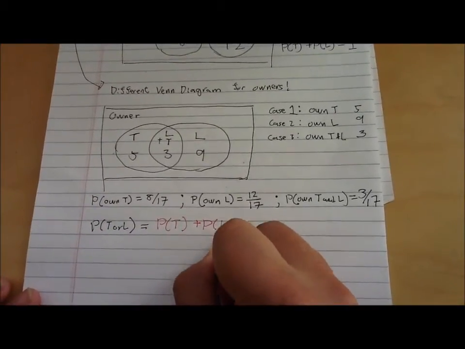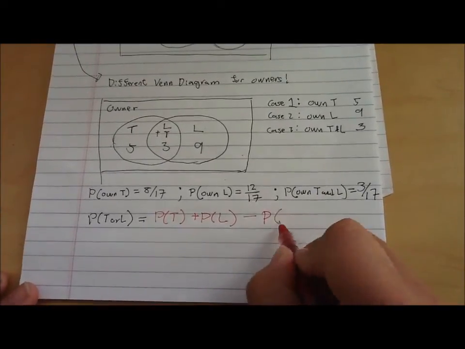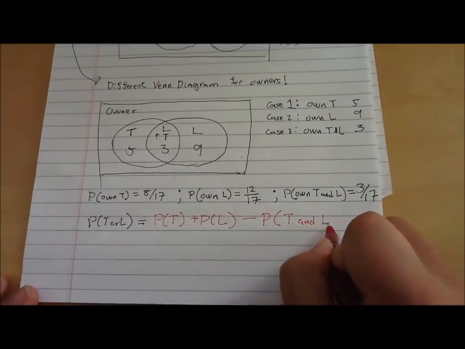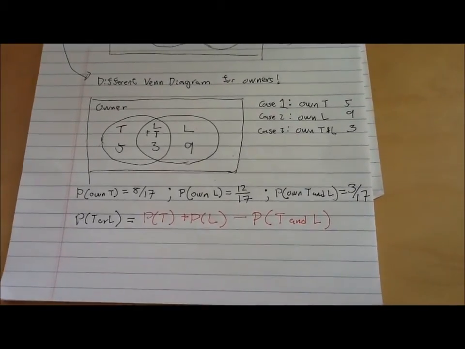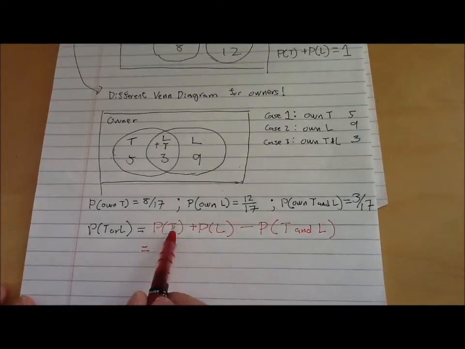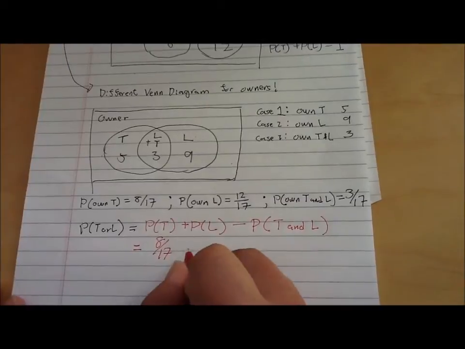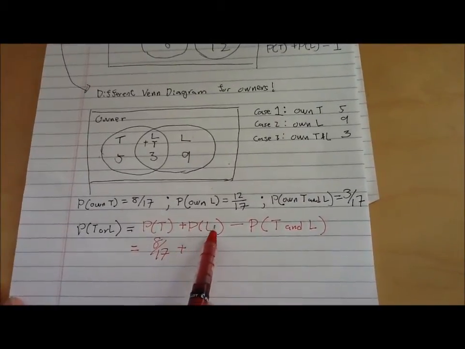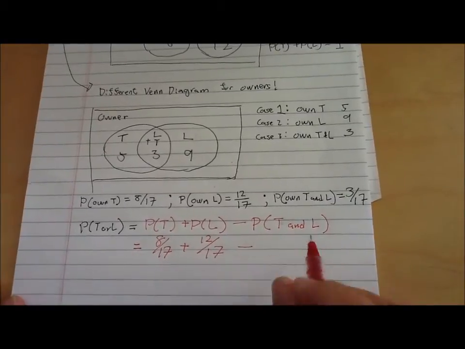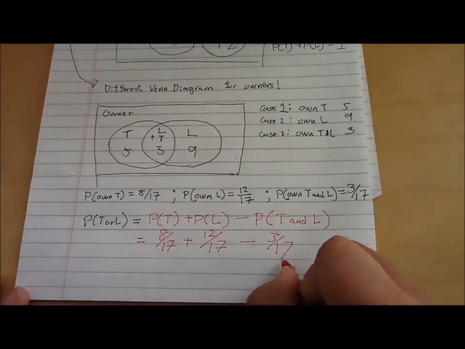Plus P of owning a Labrador minus the probability of owning a T and owning an L. In this case, the probability of owning a terrier, you already have, is 8 out of 17, plus owning a Labrador is 12 out of 17. And the probability of owning both is 3 out of 17.